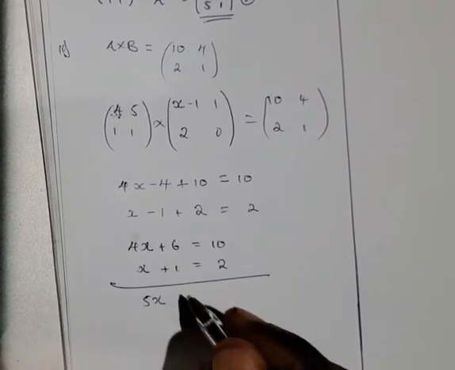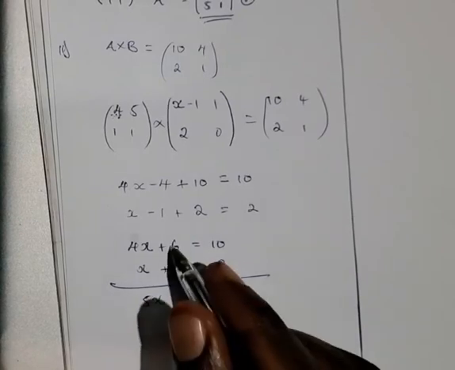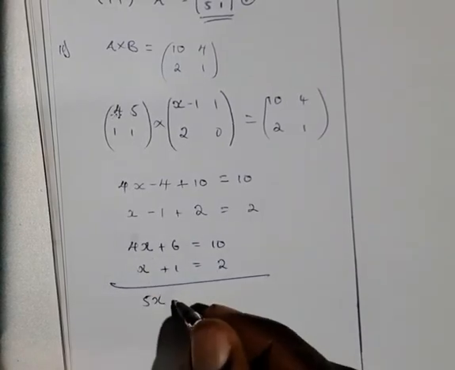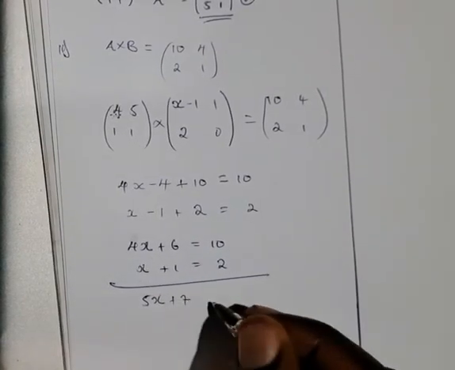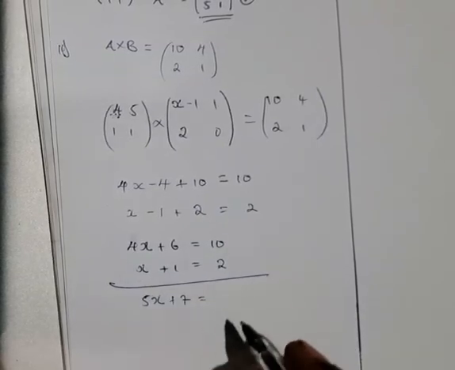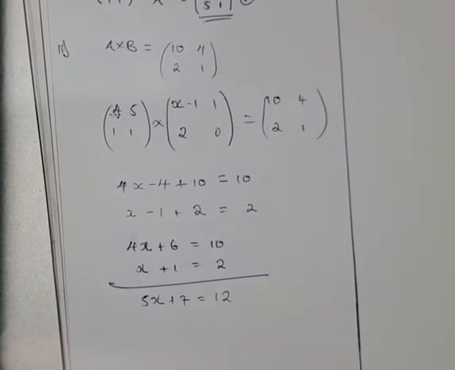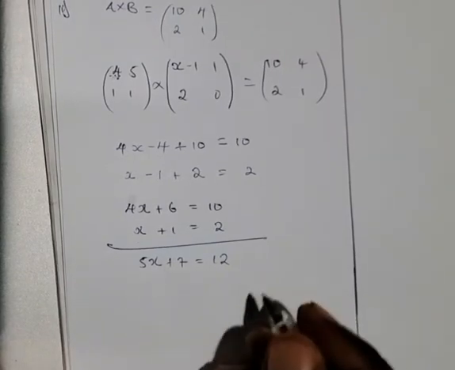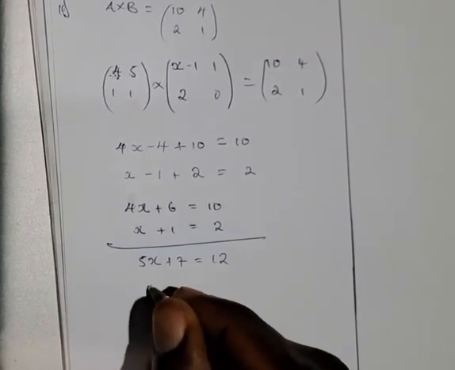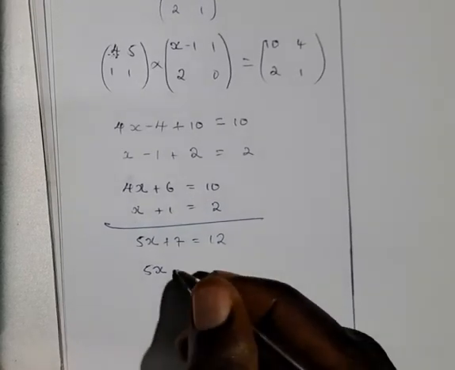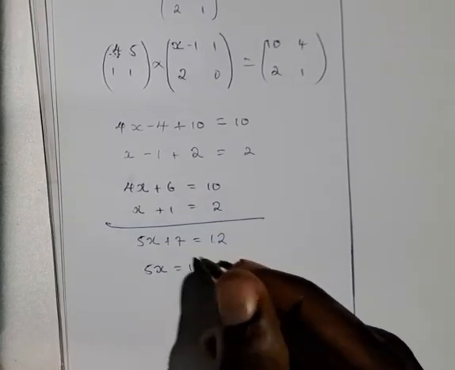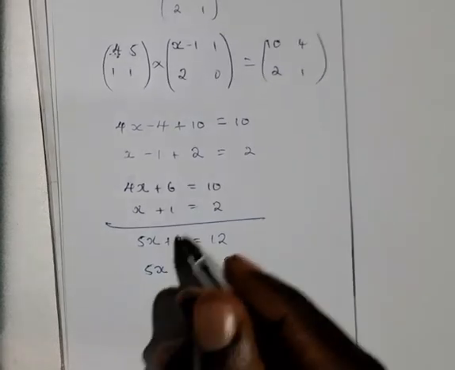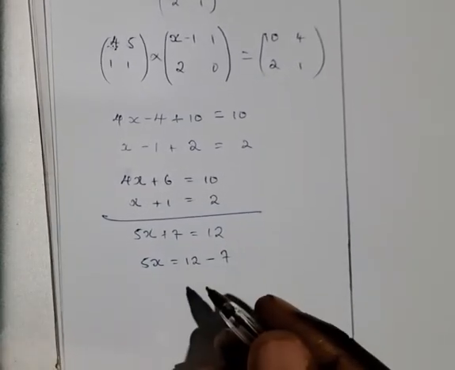Then this one, 6 plus 1, that is 7, is equal to 10 plus 2, that is 12. Then we collect the like terms. It will be 5x is equal to 12 minus 7. This one goes there. Those are basics, you know.